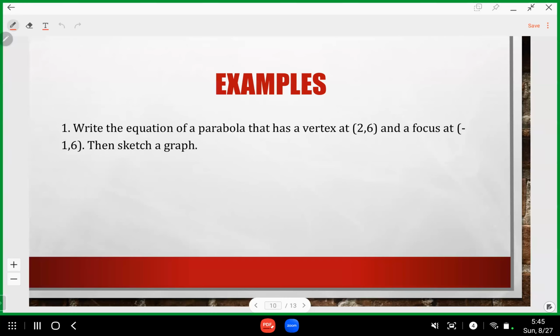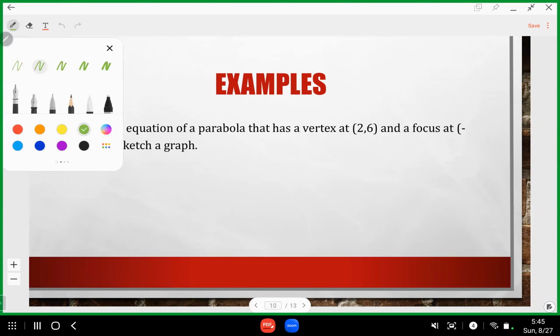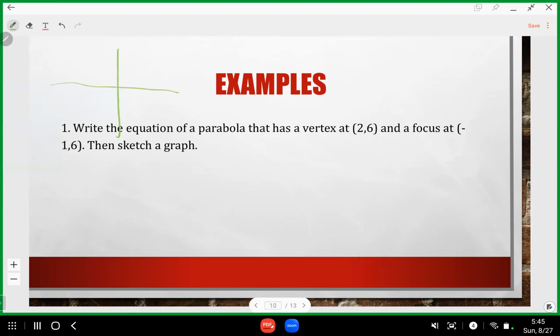First of all, let's draw the coordinate plane real quick. Brendan, look at this. We have a vertex at (2, 6), and the focus is at (-1, 6). Remember how I said the focus is where the parabola opens toward?